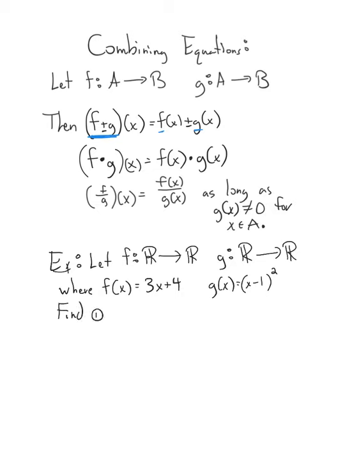Let's find f plus g of 2, f minus g of minus 1, and f times g of, let's do 0.